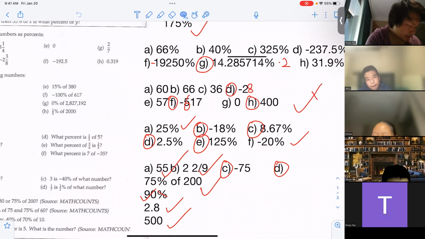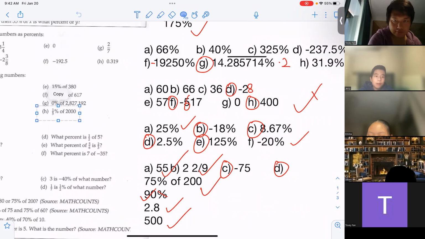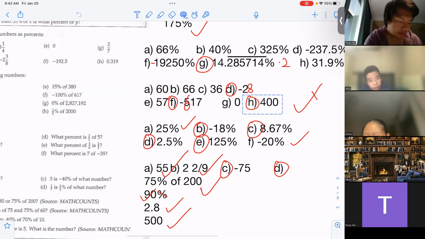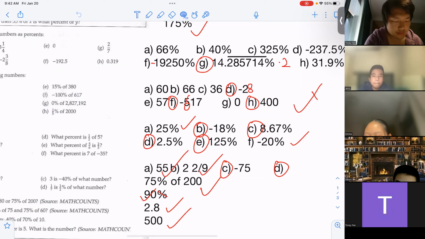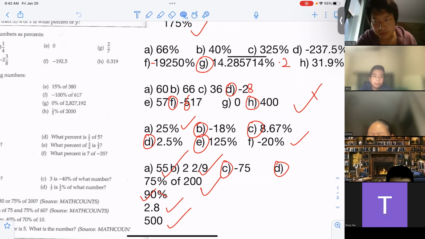Yeah, so Jerry, that's the H. 1/5% of 2,000. You see, that's the same question as the one we just talked about, 1/4% of 1,000. The reason why you got this wrong, I believe, is because you used 5 instead of 1/5. You can have a look and correct it. Okay. All right.